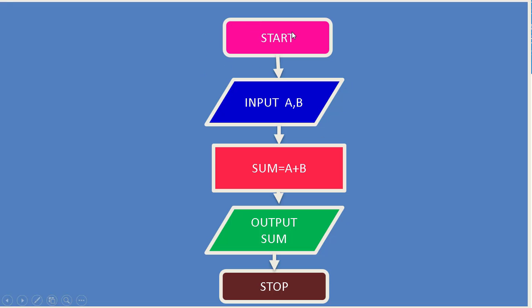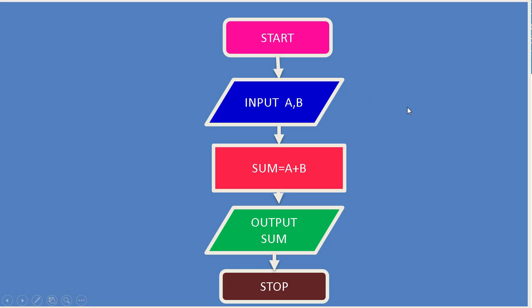Now let us see the flowchart to find the sum of two numbers. I told you there are different types of symbols in the flowchart. This oval shape symbol is used for start, and then you have input A, B with the parallelogram symbol, and then sum is equal to A plus B of the two values you have input.